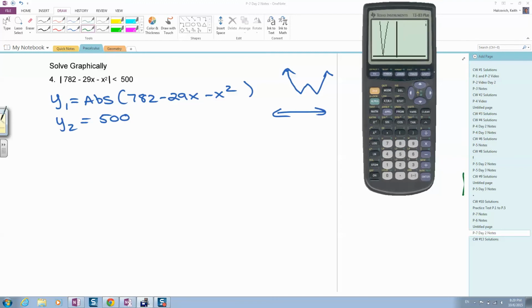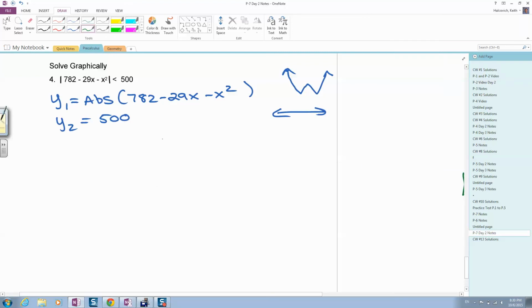Let's see what we get. We're almost there. We need to get the top part here. So we'll raise the y maximum to 1,000. There we go. So this is what we get.